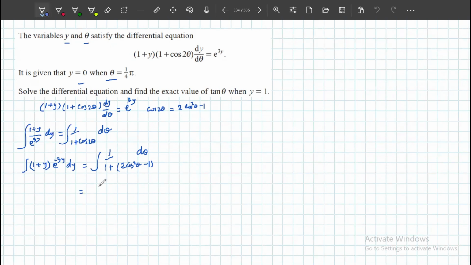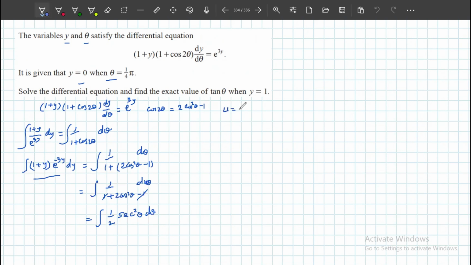Next, the 1 plus 1 minus 1 cancel, so this is equal to 1 over 2 cos square theta, which is basically secant square theta d theta. The integration of secant square theta is easy, tan theta, but we will see later because on the left hand side we will apply integration by parts. For that I will consider 1 plus y as u.